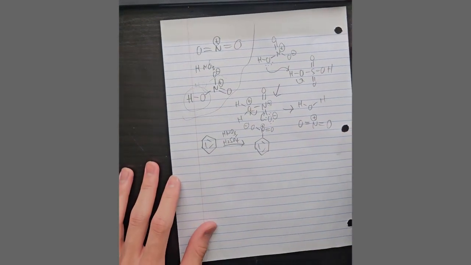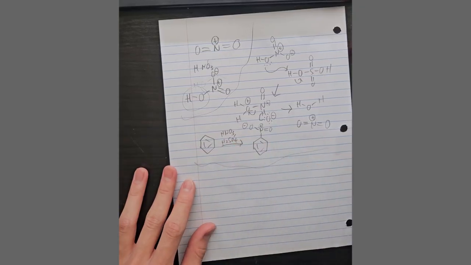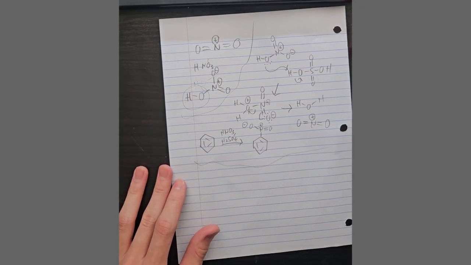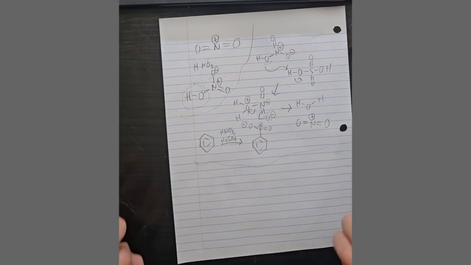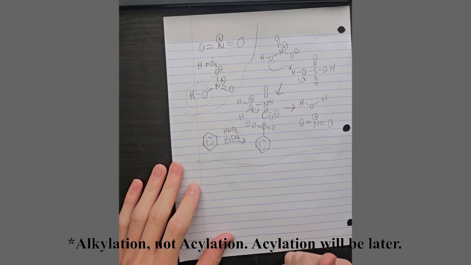So those were just some of the simpler electrophiles, but this can also be done with, say, carbon to make carbon-carbon bonds, which are really important in organic chemistry. The way this is done is through Friedel-Crafts alkylation.